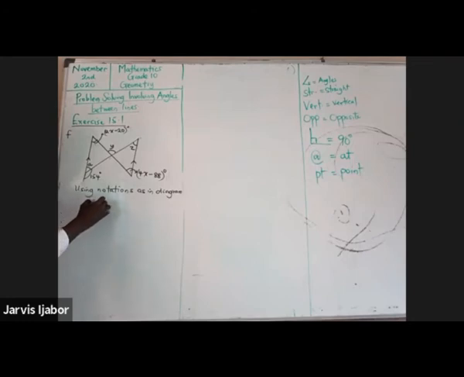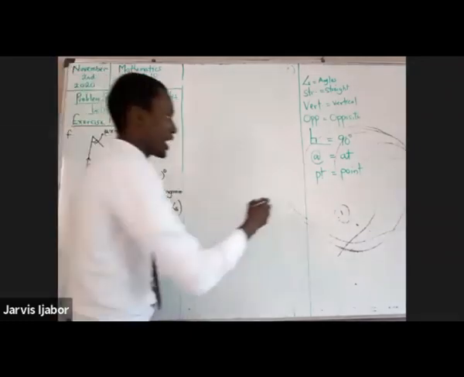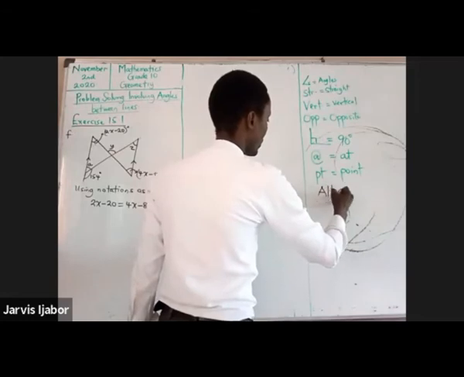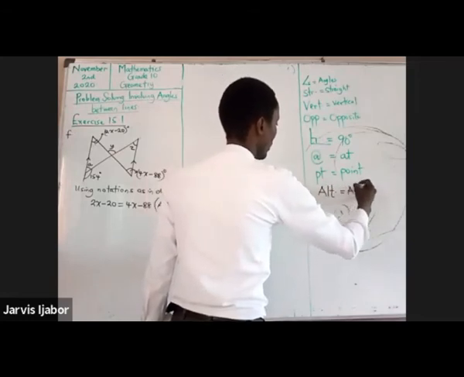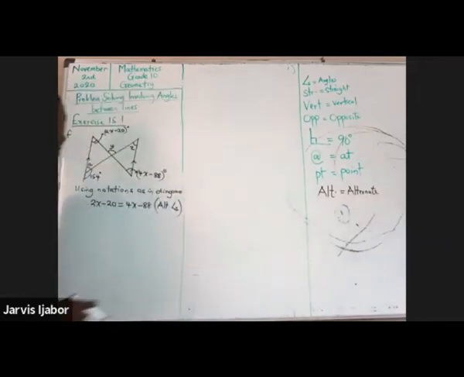So 2x minus 20 must be equal to 4x minus 88. What's the reason? Alternate angles. So I'll put a symbol for that. With this, I can now solve for x.